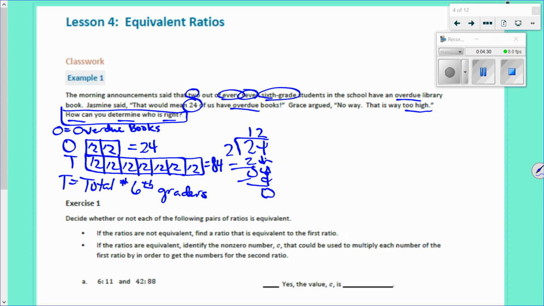So are we done? What do we need to do? Okay, so what is our answer? Let me rephrase that. What was the question? So is 84 the answer to that?